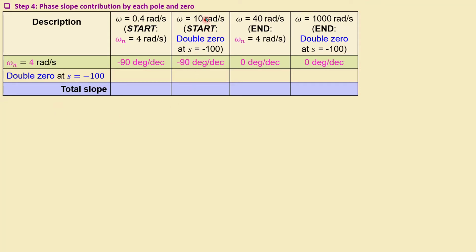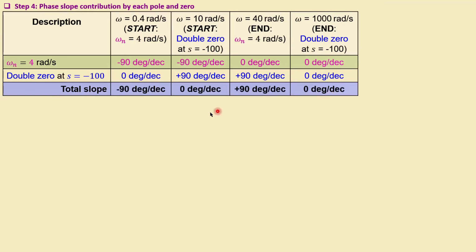It will start here because it is 10 times smaller, so 1 decade below, and 1 decade above, that's at 1000. You can see again, this is 0, this is plus 90, and then it will end here. Now we need to add these 2 rows, and we will see the total contribution for the total slope. So minus 90 degrees, 0, plus 90 degrees, and again 0.